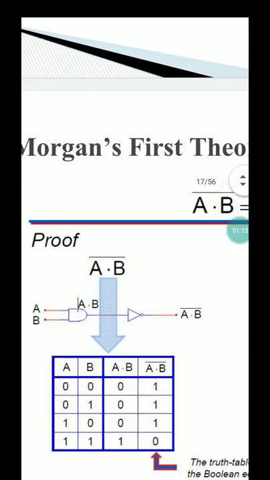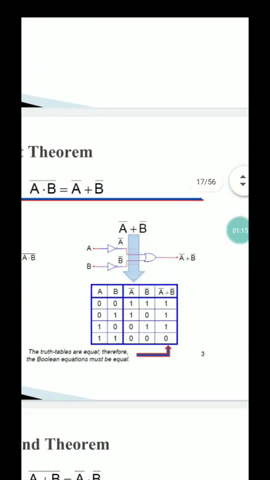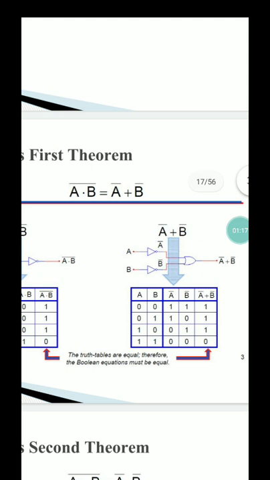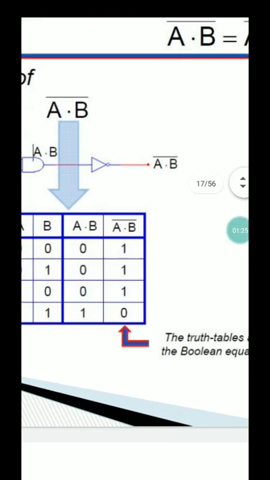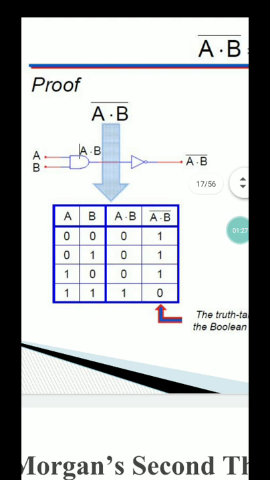Okay, so for proof we have this statement: (a dot b) whole bar is equal to a bar plus b bar. So first it is solved for (a dot b) whole bar. (a dot b) whole bar is a NAND gate and a dot b is an AND gate.